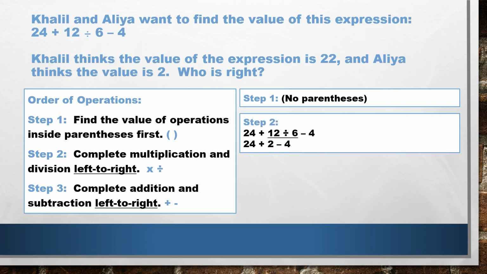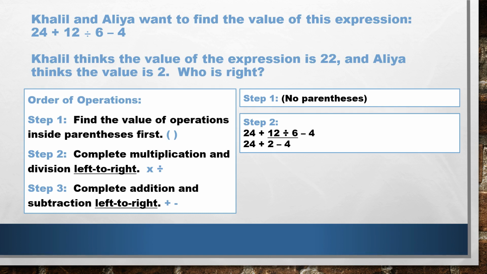In Step 2, we complete multiplication and division left to right. The first operation is addition, so we'll skip over that for right now. The second operation is 12 divided by 6. We'll find the value of 12 divided by 6 since that is part of this step. 12 divided by 6 is equal to 2.